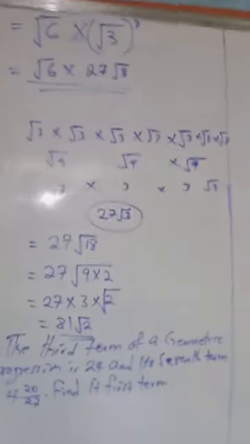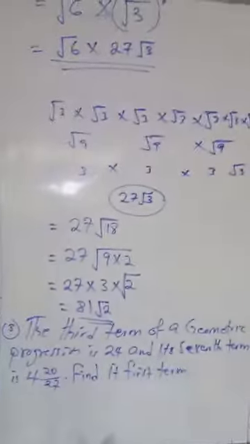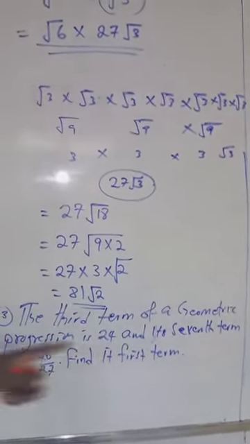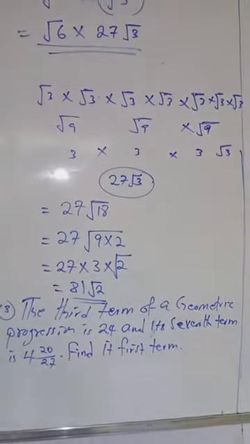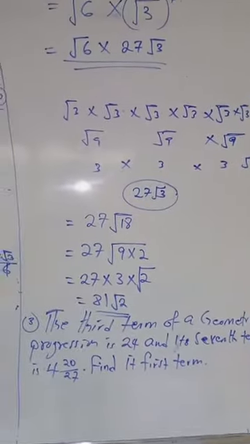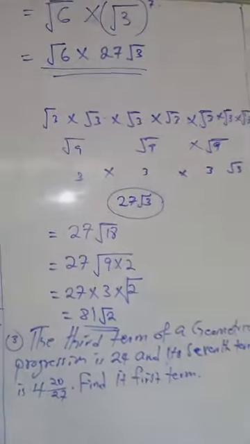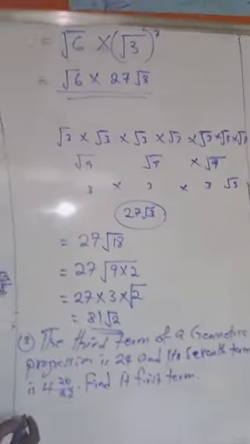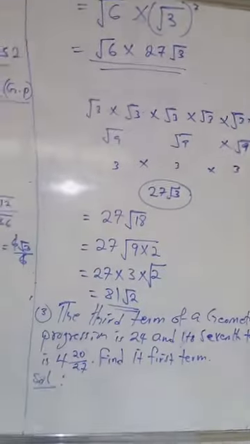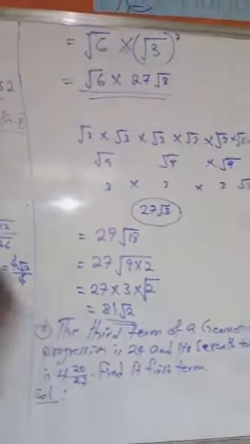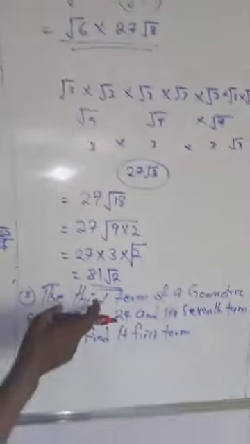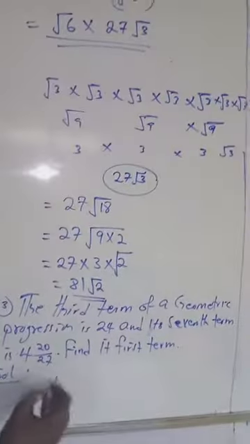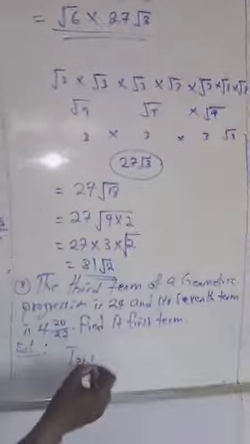So the third term of a geometric progression is 24, and its seventh term is 4 whole number 20 over 27. Find its first term. So now let's move on. They said the third term is 24. The third term will be this.